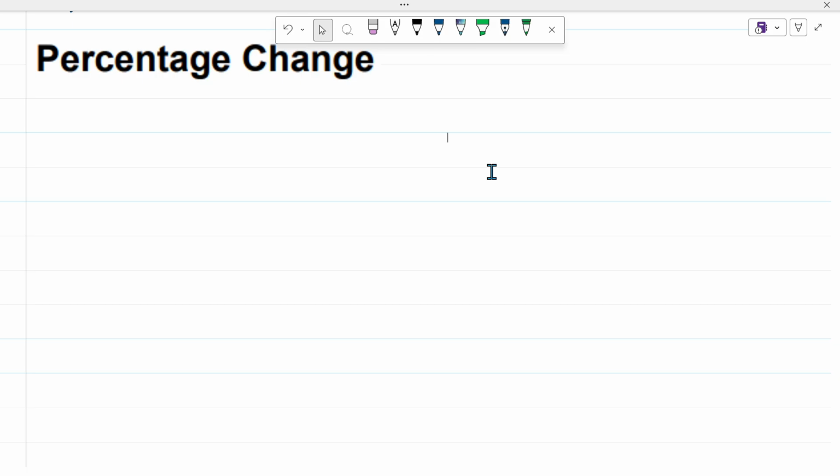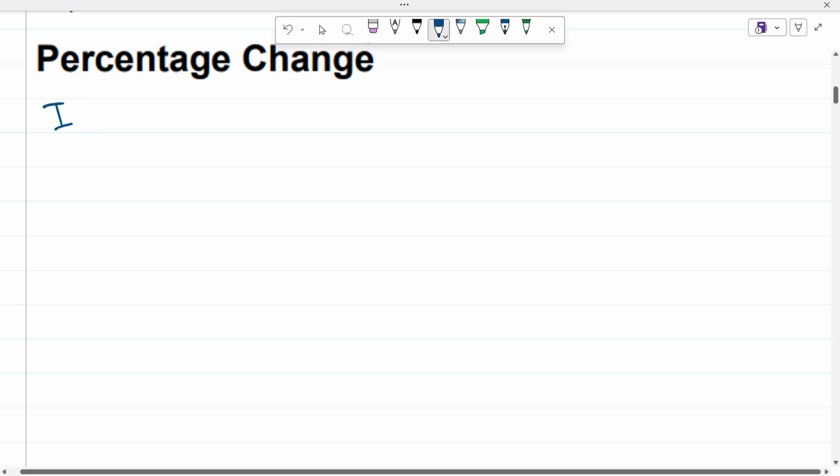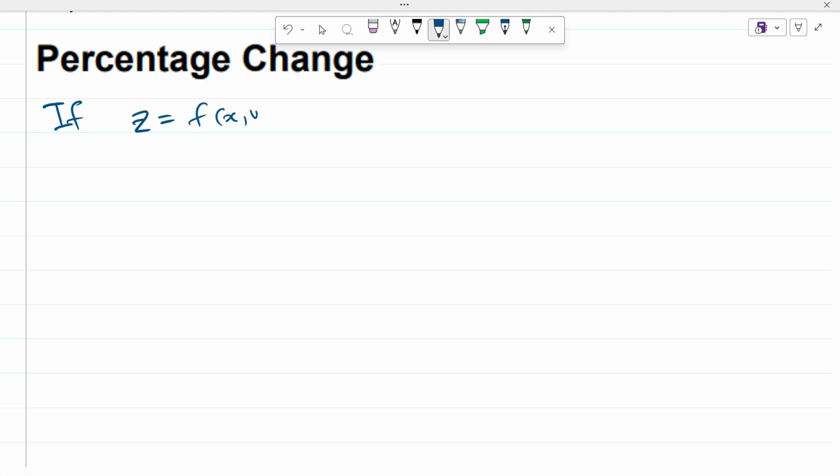So now let's start with the formula, then I'll explain how to manipulate these things. For percentage change, it is the same thing: if z is a function of x and y, then our percentage change can be calculated as follows.